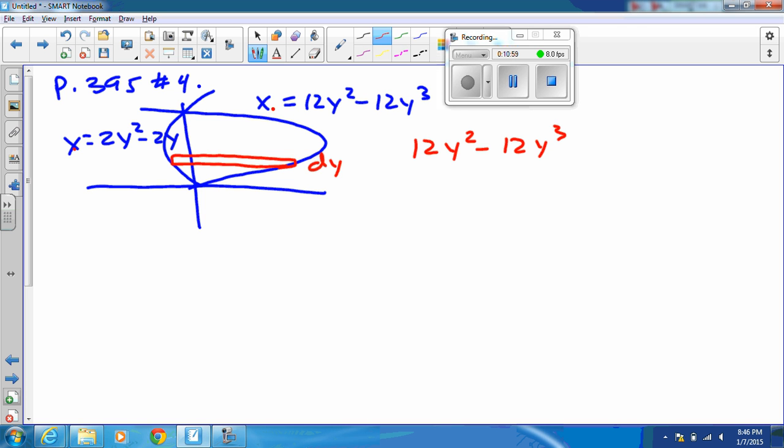We're going to set the two curves equal to one another, and when we do, then we get the equation 0 equals negative 12y cubed plus 14y squared minus 2y... that is, 0 equals negative 12y cubed plus 10y squared plus 2y.